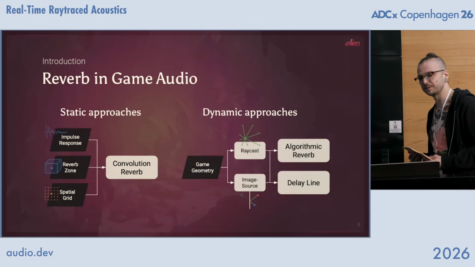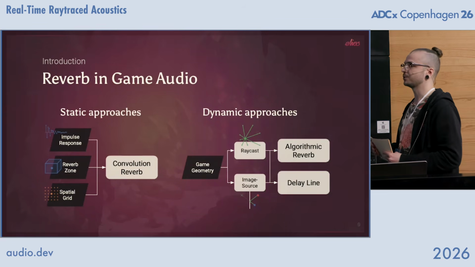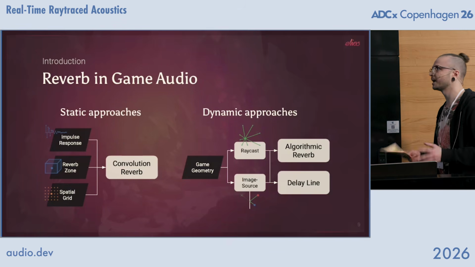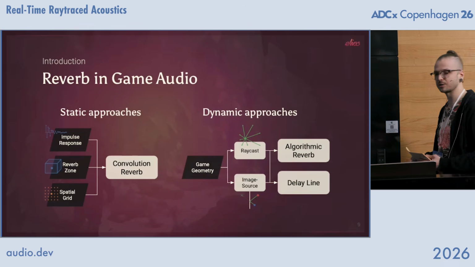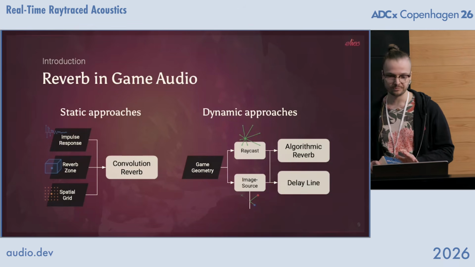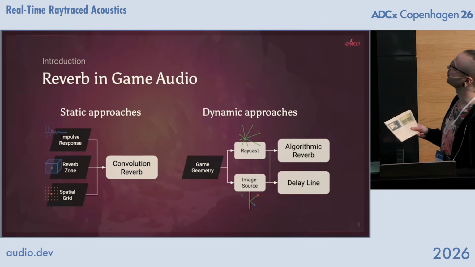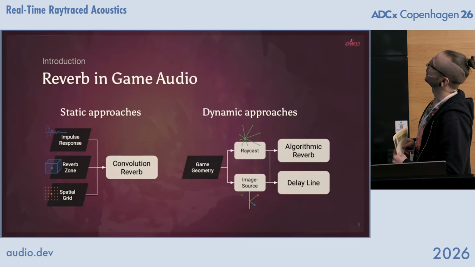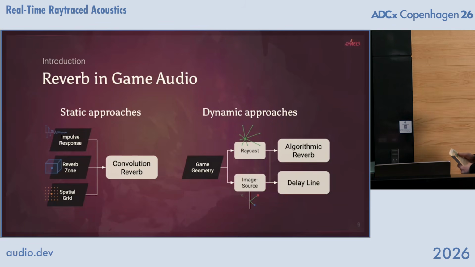So on the other end, we have more dynamic approaches that actually use the game geometry and then raycasts on that geometry, or use image source methods to extract spatial information. And that is then used to drive algorithmic reverbs and delay lines. To simplify a bit, traditionally there's been sort of a trade-off here.